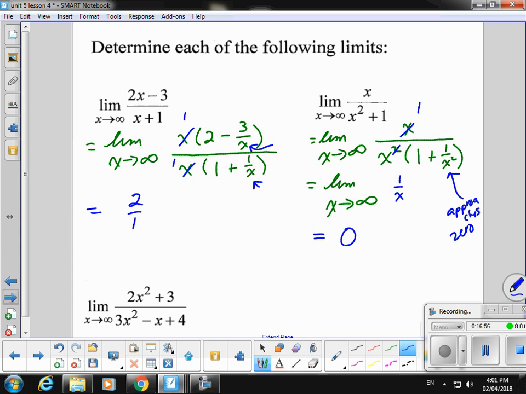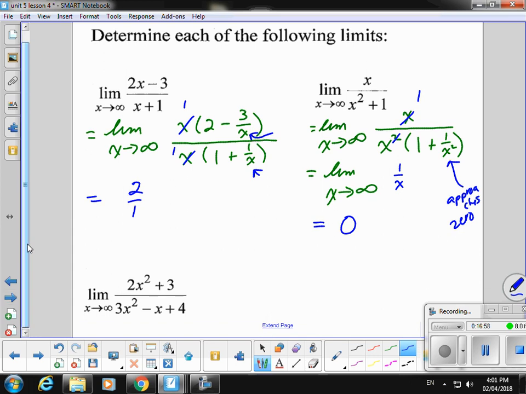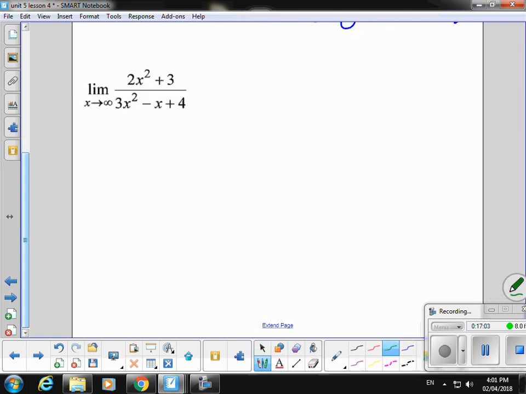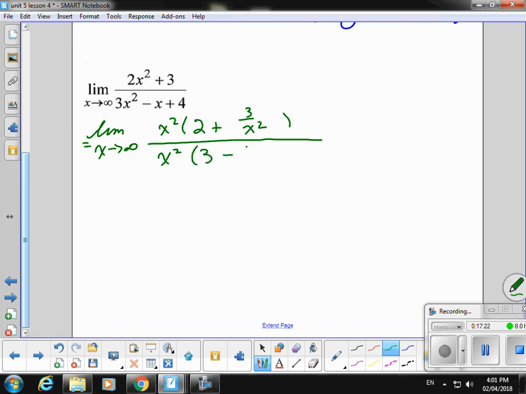The last one. The limit as x approaches infinity for 2x squared plus 3. Let's use this method. I'm going to factor out an x squared. I have 2 plus 3 over x squared. Factor out an x squared on the bottom. Cool: 3 subtract 1 over x plus 4 over x squared.